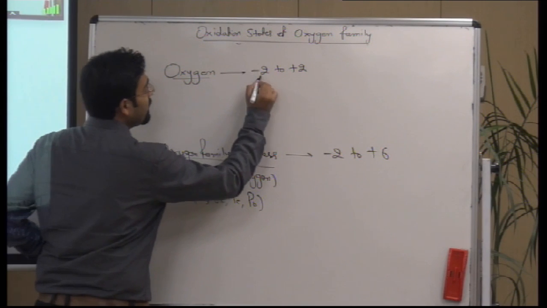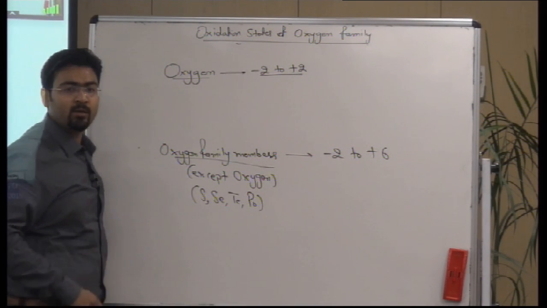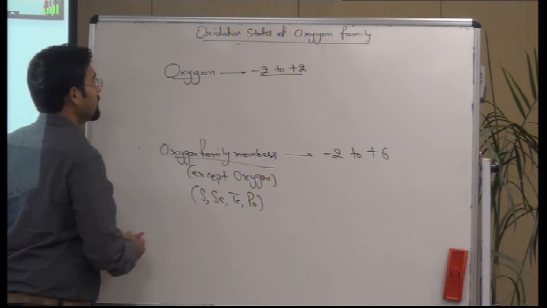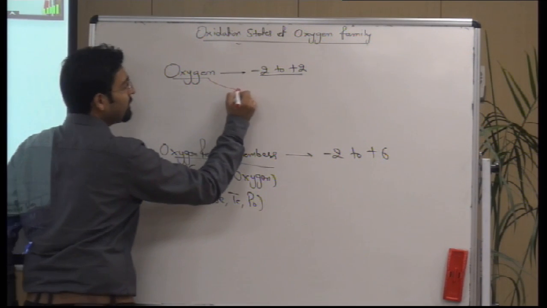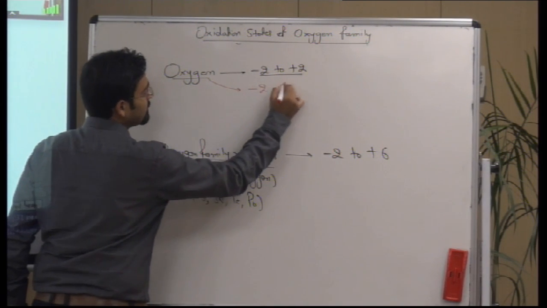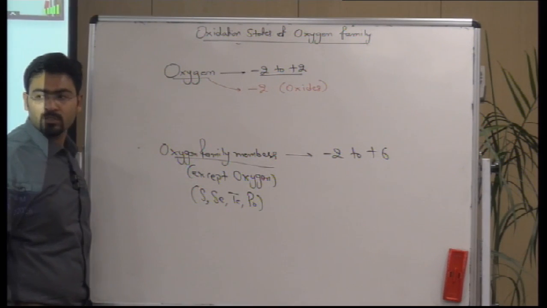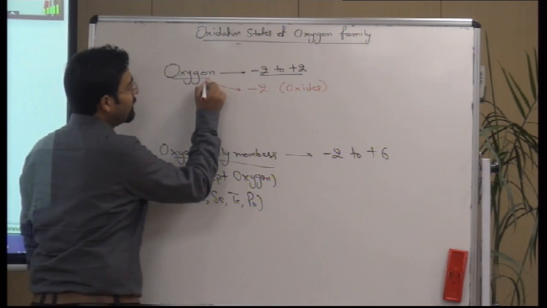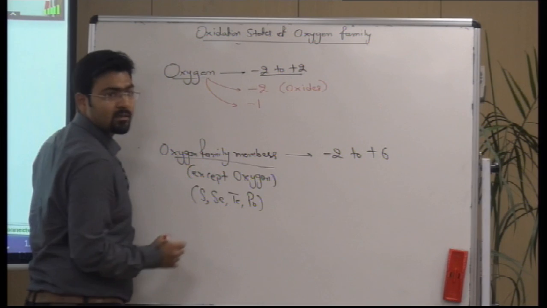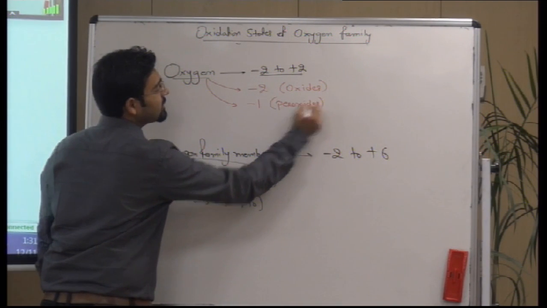In oxygen, from -2 to +2, I can divide it into various categories. Oxygen combines with most of the elements and forms their respective oxides, in which oxygen is in -2 oxidation state. With some of the elements, it combines in the form of peroxides, in which its oxidation state is -1.